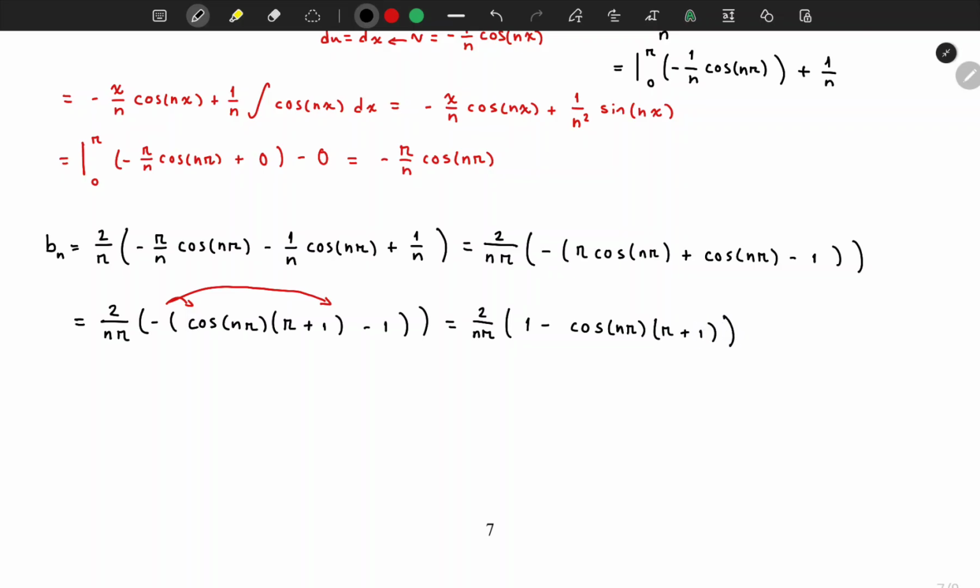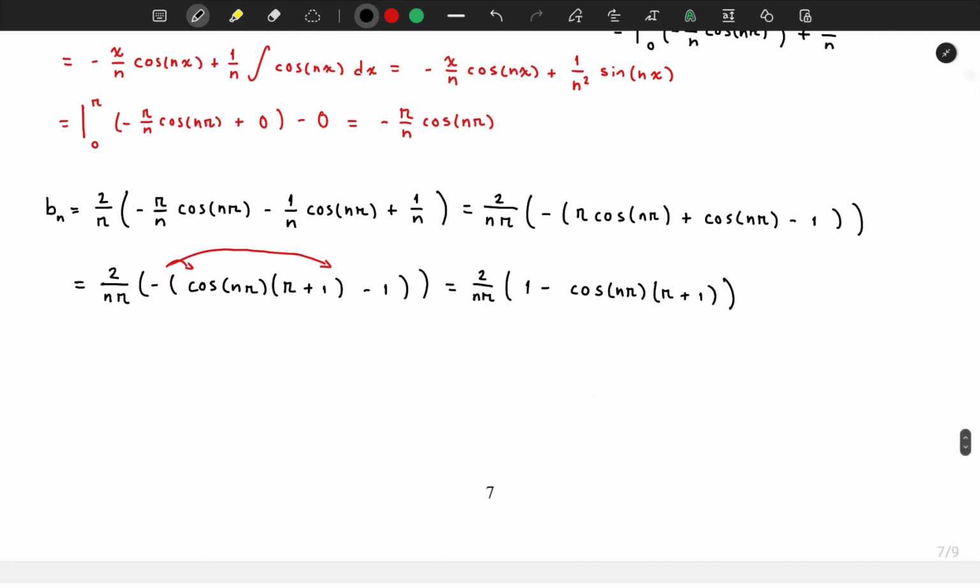And our final step is that we can convert cos n pi into negative 1 to the power of n. So our b of n is equal to 2 over n pi times 1 minus pi plus 1 times negative 1 to the power of n. So we found our b of n. So we're pretty much done.